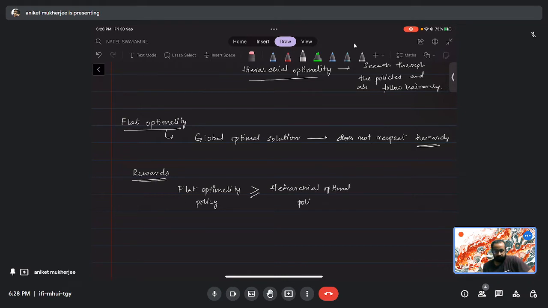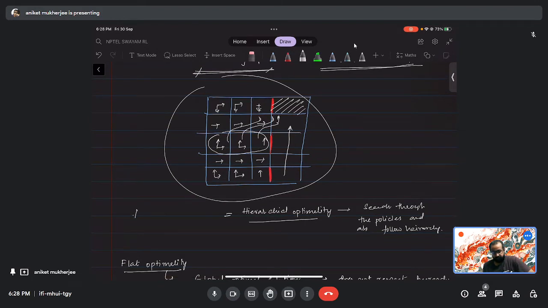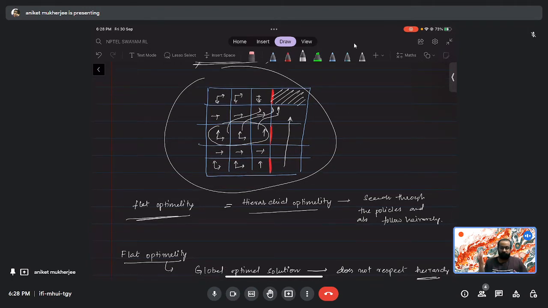Now for this example, the hierarchical optimality is equal to the flat optimality. But if you make some changes to the grid world, then you could get different hierarchical optimality and flat optimality.